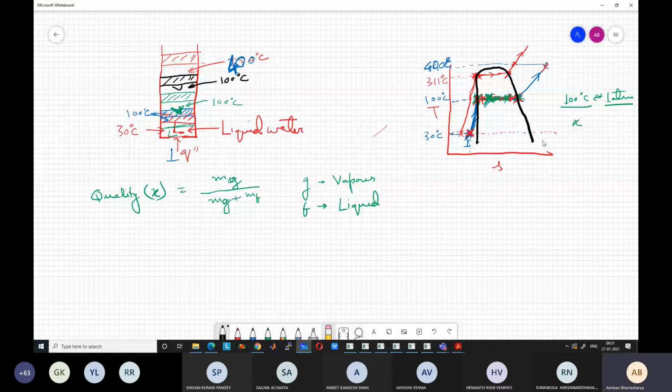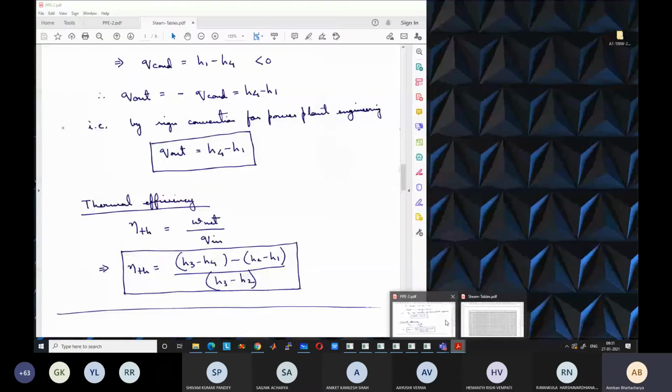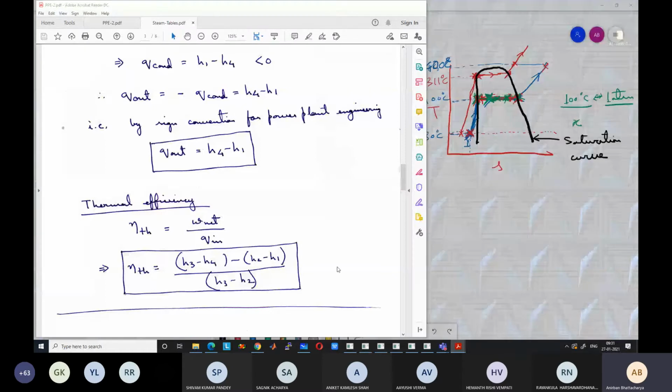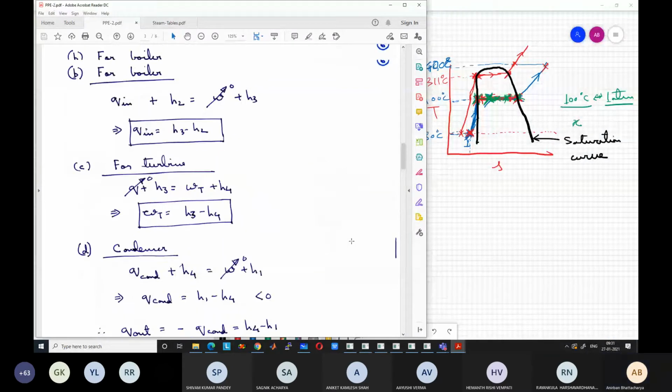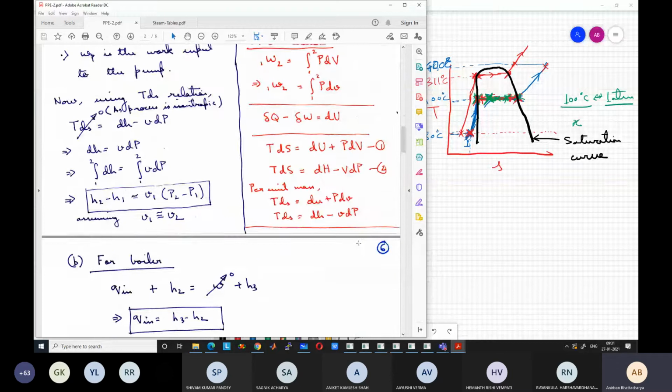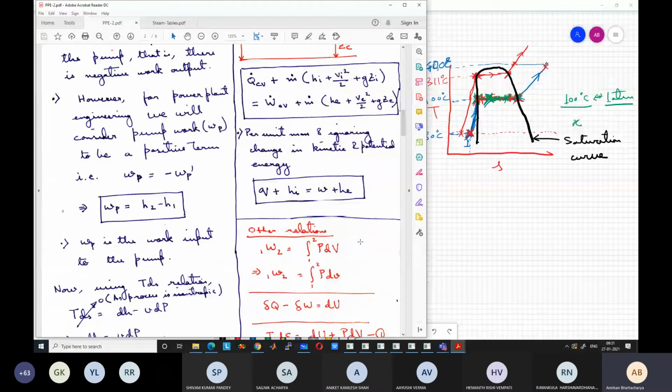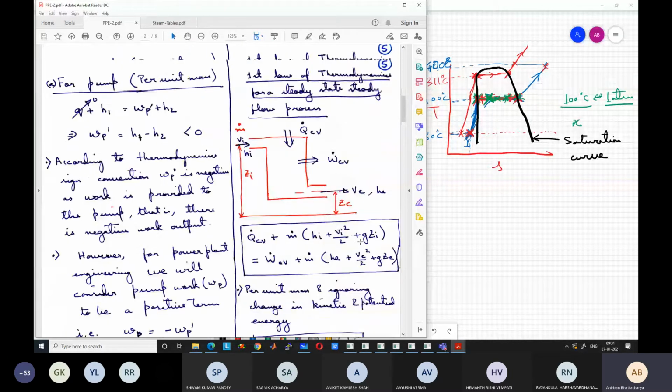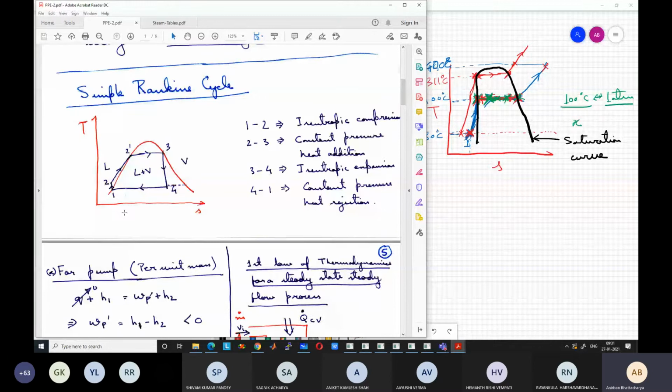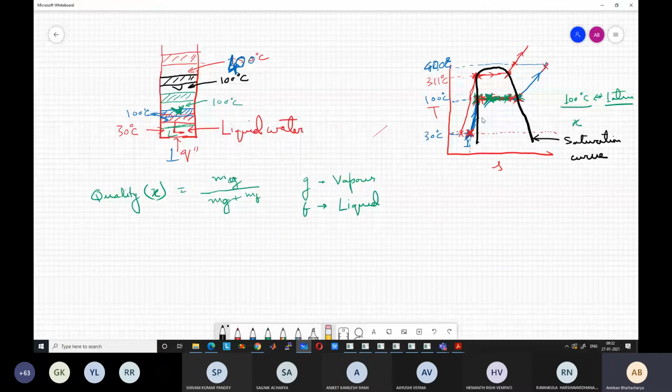This is the same as what I was showing here for the Rankine cycle, but which was drawn more accurately. It will actually look like this instead of this, but you get an inverted U-shaped curve. This is the saturation curve. Now you can see what the saturation curve implies. Within the saturation curve, there is only the boiling process.